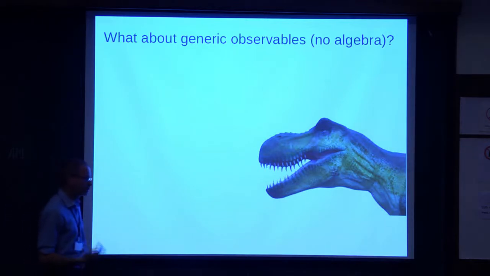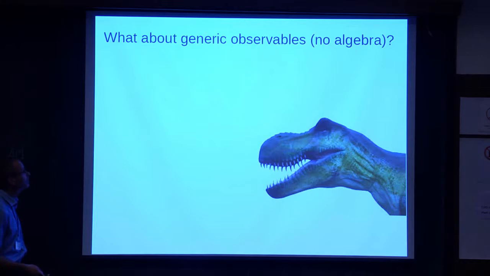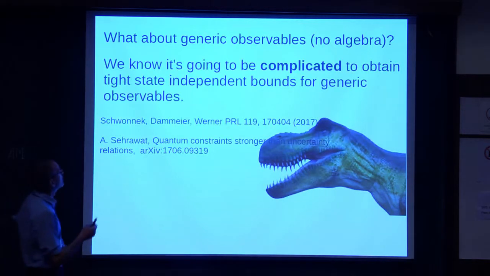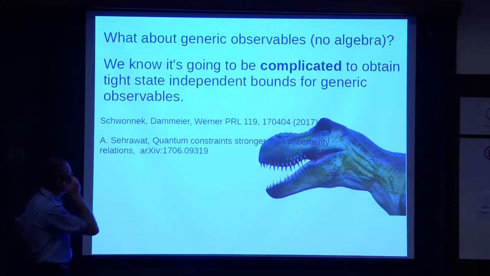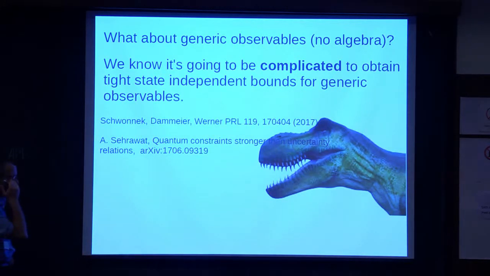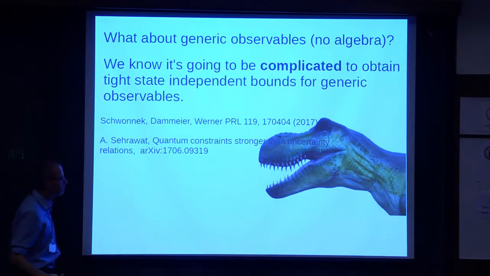So what about generic observables? If you don't have an algebra structure to help you, these Casimir constants, what happens? Well, we know it's going to be complicated to obtain a state-independent bound for generic observables. Unfortunately, it's not going to be as easy as getting a lower bound for the Heisenberg-Robertson case, which is state-dependent, by the way.